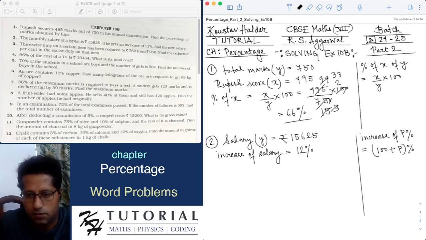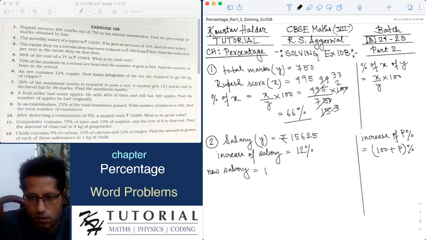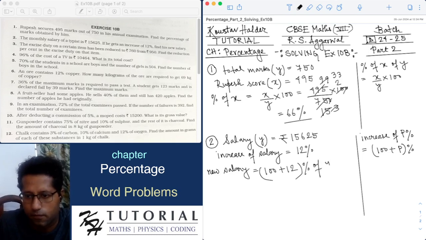Increase of salary is 12%. So the new salary will be equal to 100 plus 12% of y, where y is the original salary.